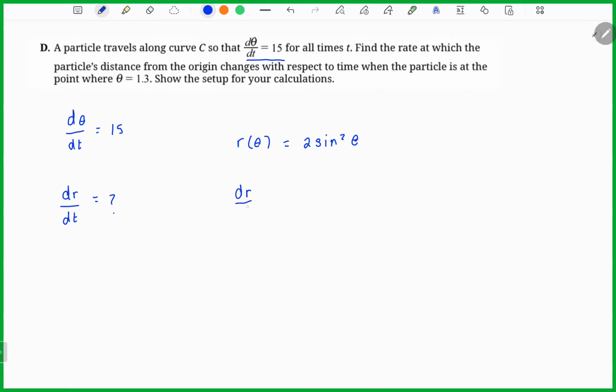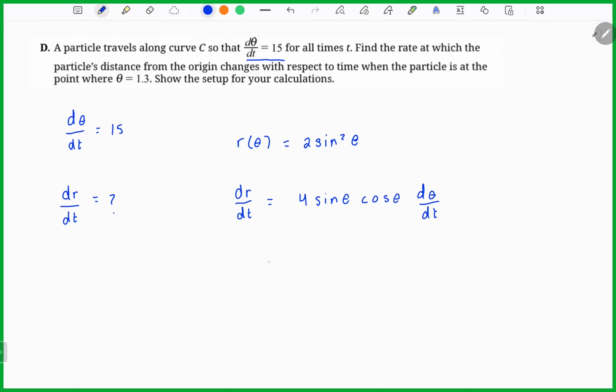On the left-hand side, we have dr by dt. On the right-hand side, 4 sine theta cos theta d theta by dt. And make sure to review implicit differentiation and related rates if this doesn't make sense.